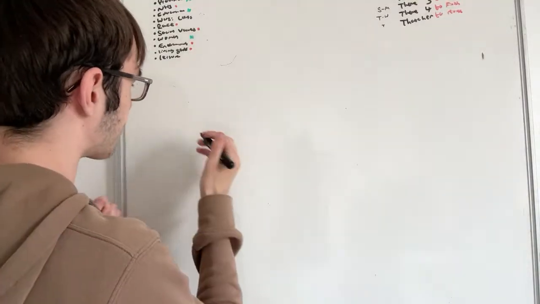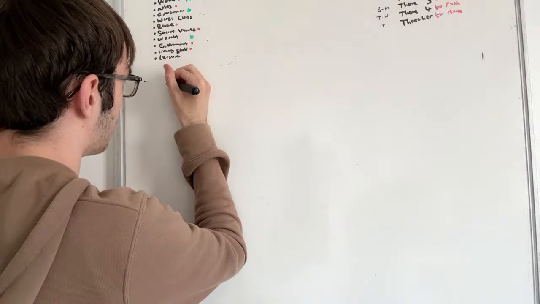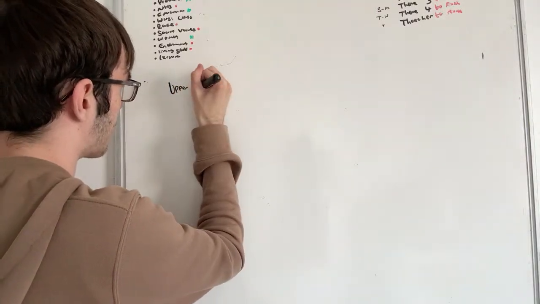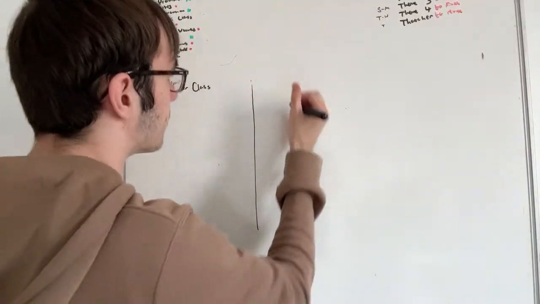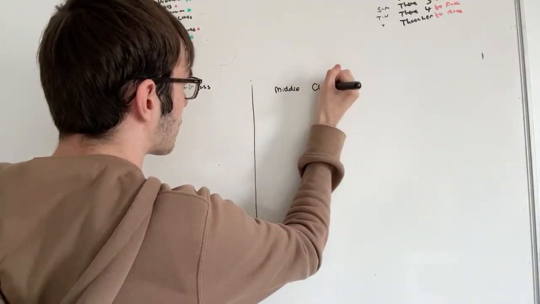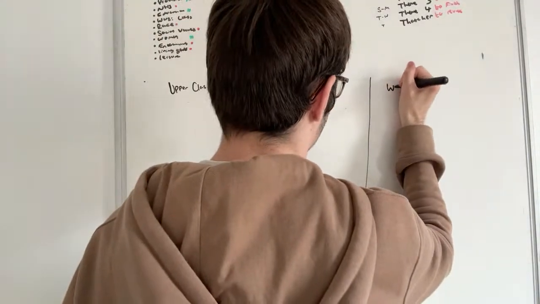So, again, we will do this exactly how we did last time. Start with the upper class. Moving on to the middle class. Then finally, the working class.